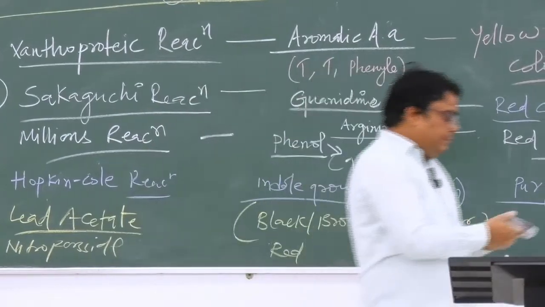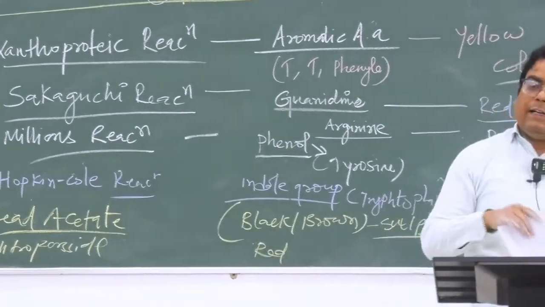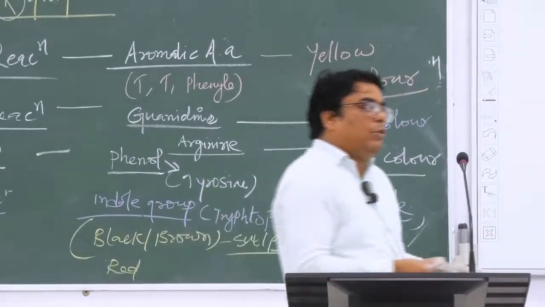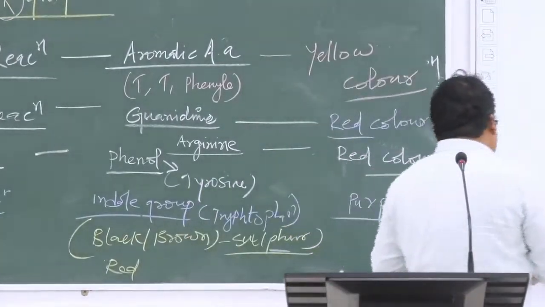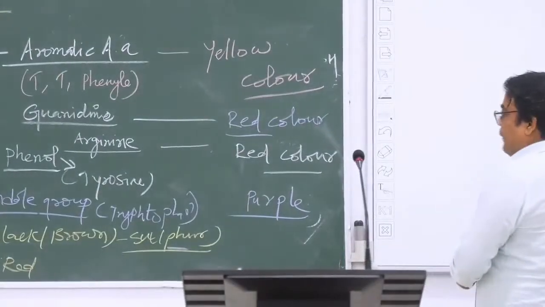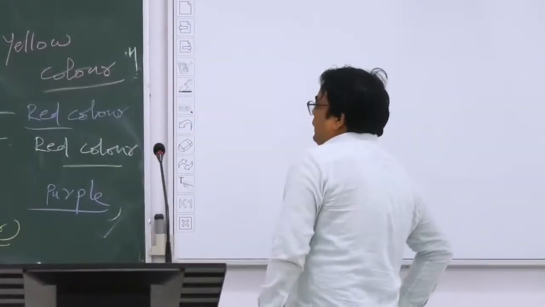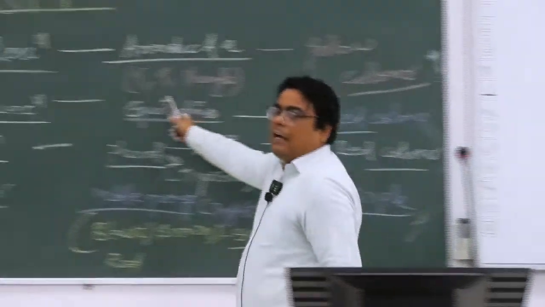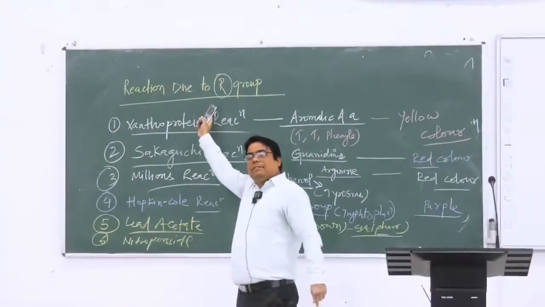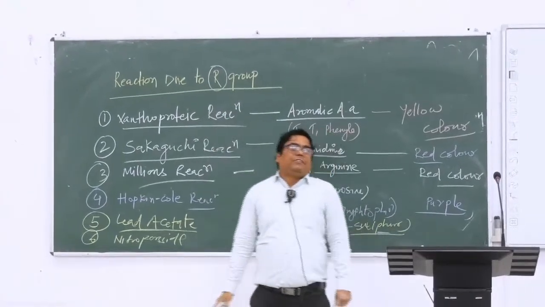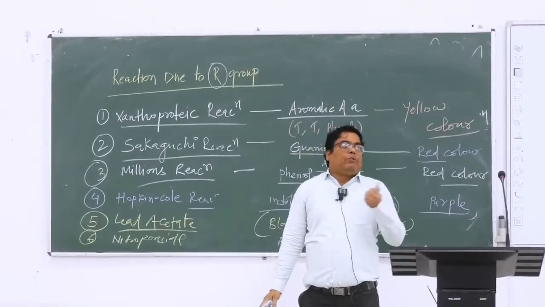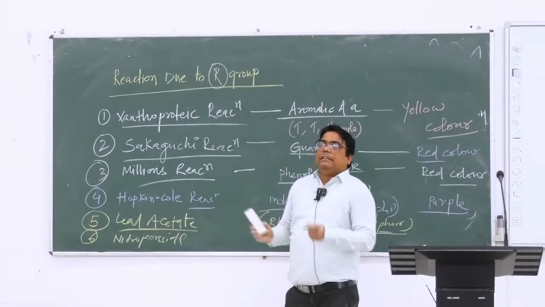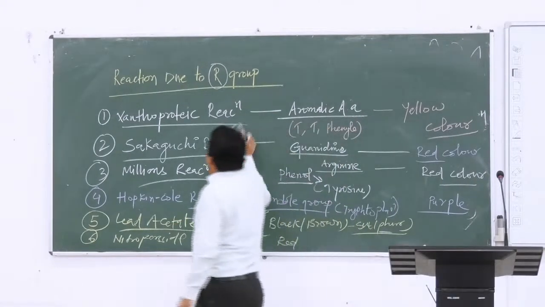It is for sulfur containing amino acids. Both lead acetate and nitroprusside are for sulfur containing amino acids, cysteine and methionine. So students, all these are R group reactions. R group reactions are basically for the identification of particular amino acids.